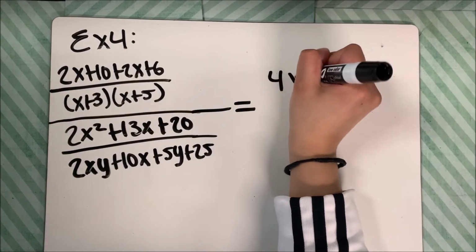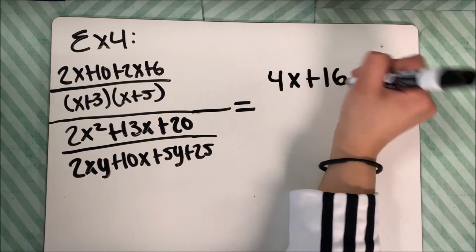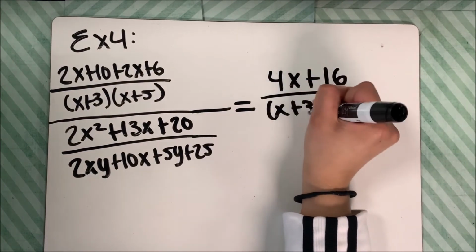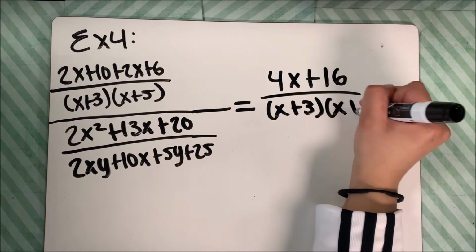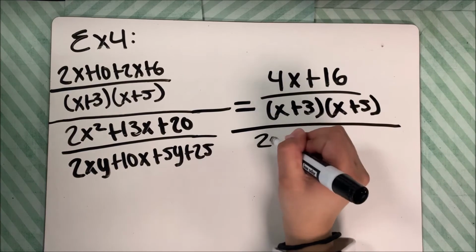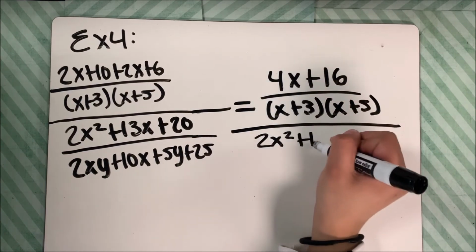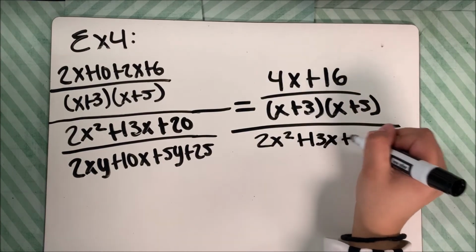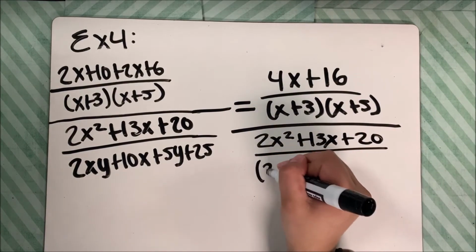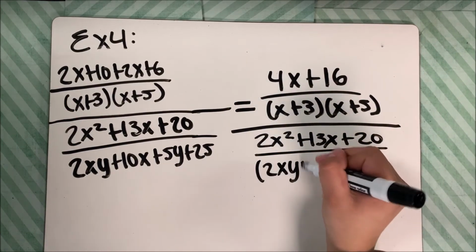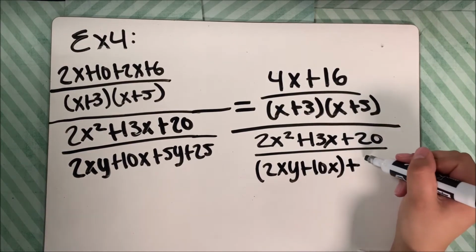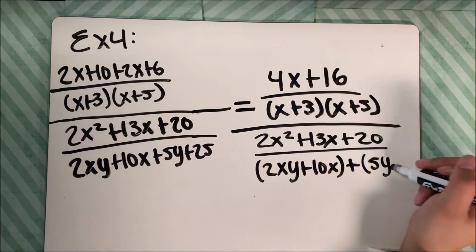After combining like terms and factoring by grouping, you get 4x plus 16 over x plus 3 times x plus 5, which is all over 2x squared plus 13x plus 20 over 2xy plus 10x plus 5y plus 25.